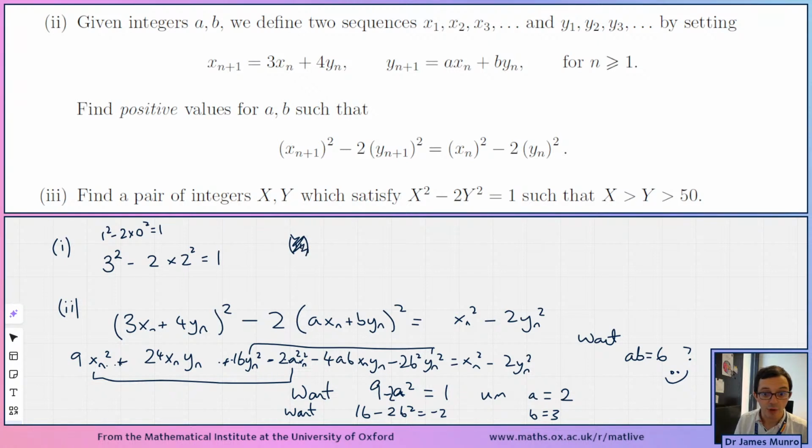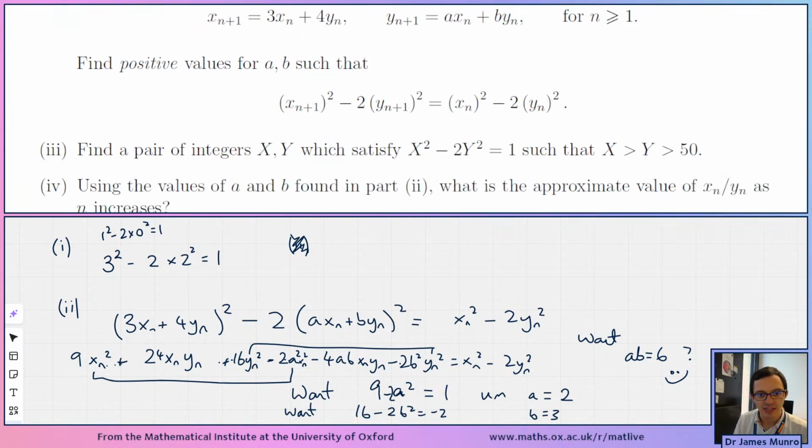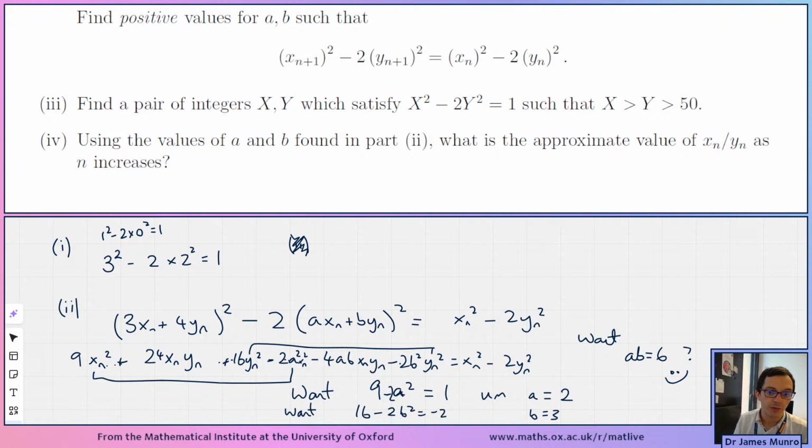Okay, so what I would do for part 3 is generate the sequence. We've got rules now. In part 1 we have a starting place, and in part 2, together with our information about A's and B's, we've got a rule for generating numbers in the sequence. If you do that, you can generate these massive numbers. They're huge, so their ratio has to be about root 2.